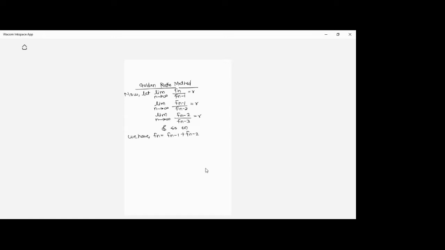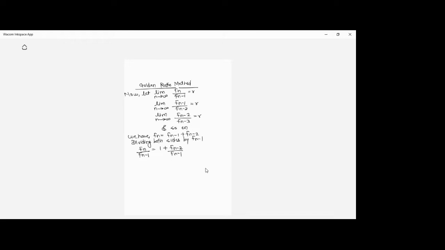Yesterday we saw this formula for making the Fibonacci series. Dividing both sides by Fn minus 1, we get Fn upon Fn minus 1 is equal to 1 plus Fn minus 2 upon Fn minus 1.